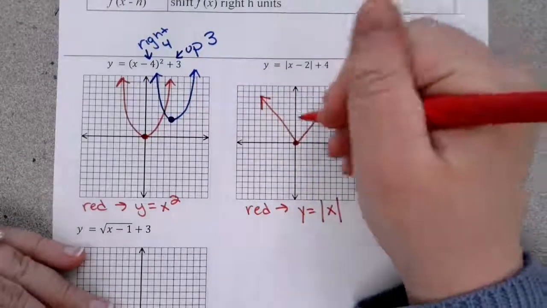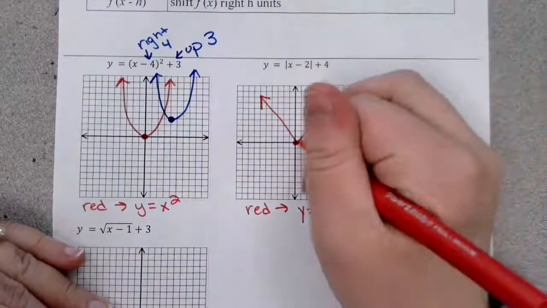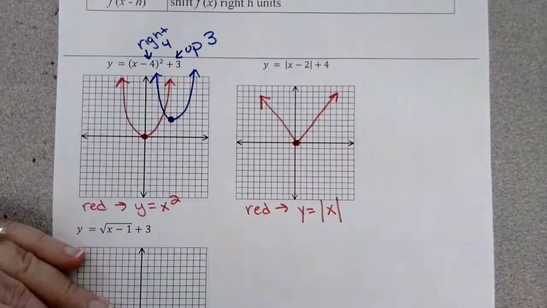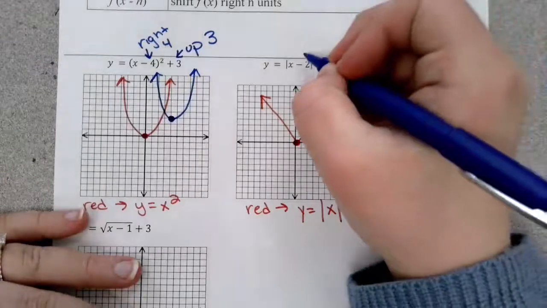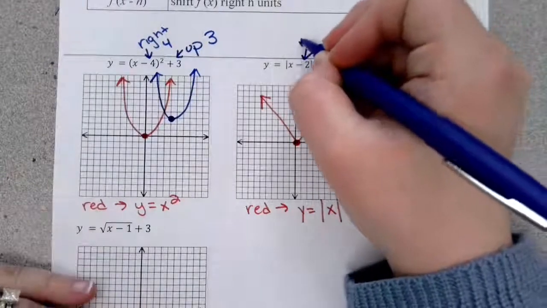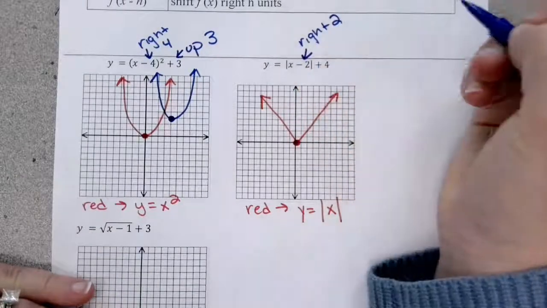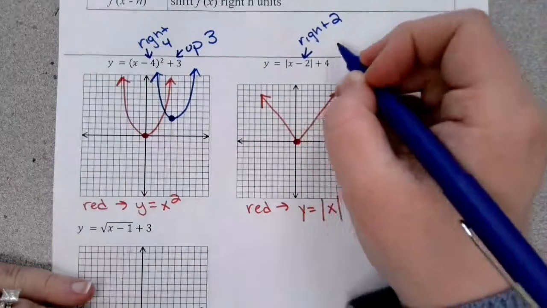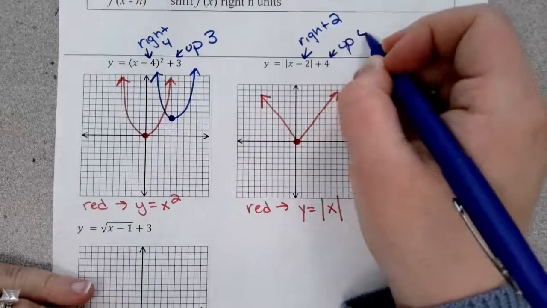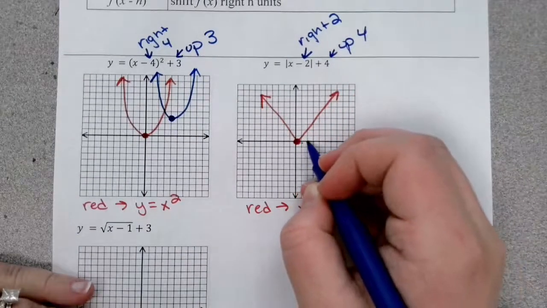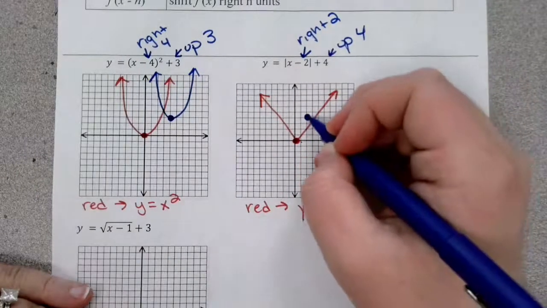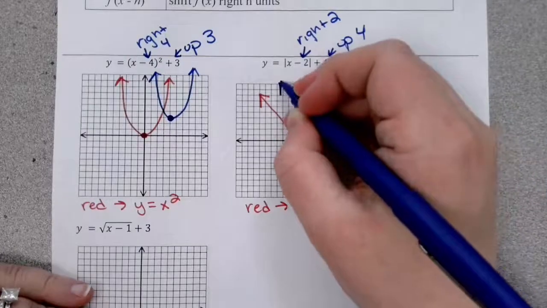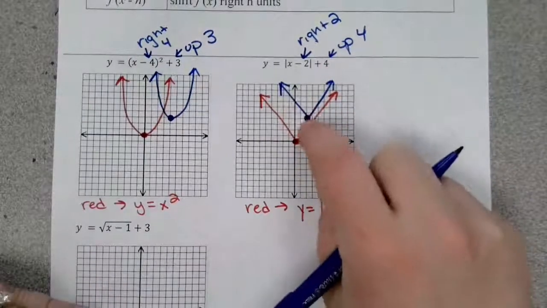You can tell it's a rough sketch of it, but my vertex is always starting at the origin for parent functions. Minus 2 means right 2, and then plus 4 means up 4. I go right 1, 2, up 1, 2, 3, 4, and then I just redraw my absolute value function.